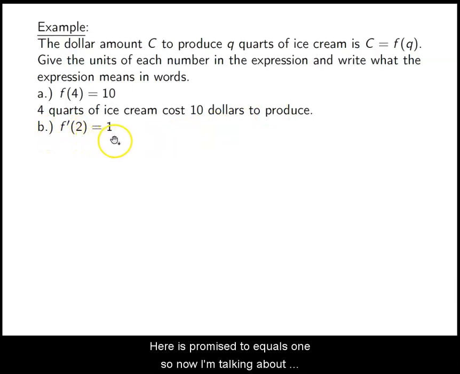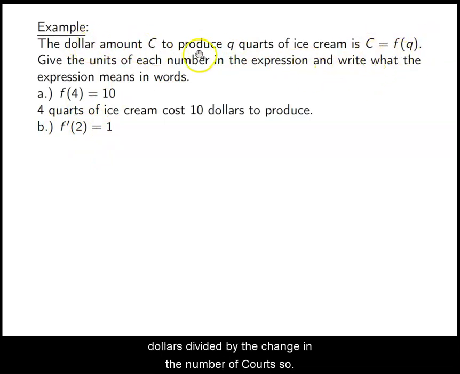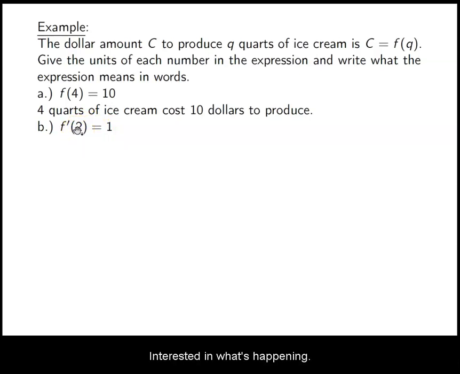Here, f prime of 2 equals 1. So now I'm talking about the rate of change. Well, rate of change is the change in the amount of dollars divided by the change in the number of quarts. So if I am interested in what's happening when I produce 2 quarts of ice cream, it means my rate of change is 1, right?